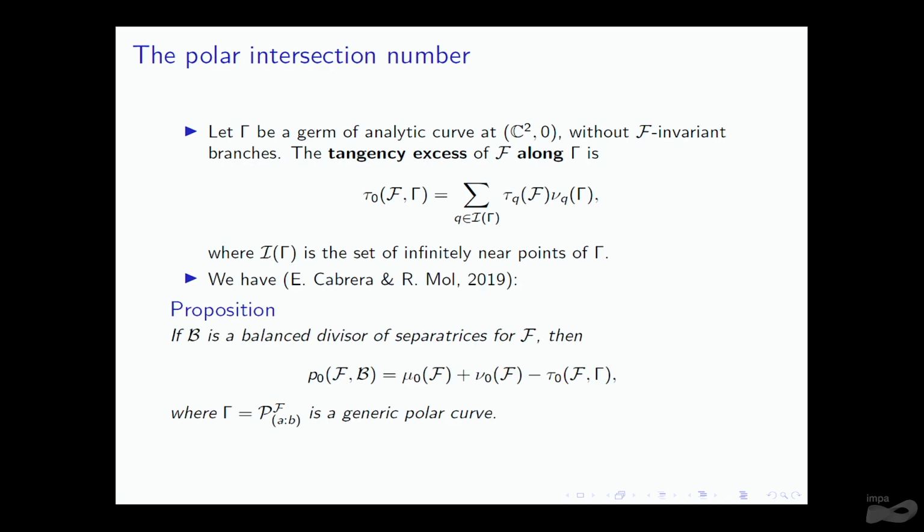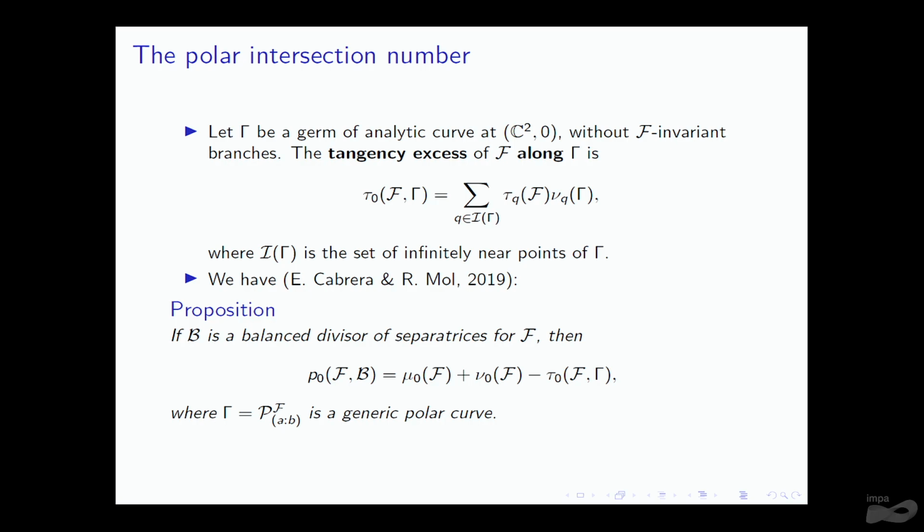For instance, here I have this proposition I proved some months ago. If I have a balanced divisor of separatrices for F, then the polar intersection number with respect to the balanced divisor is the Milnor number plus the order of F minus this number tau, which essentially counts the tangent excess indices along the infinitely near points to a generic polar curve.